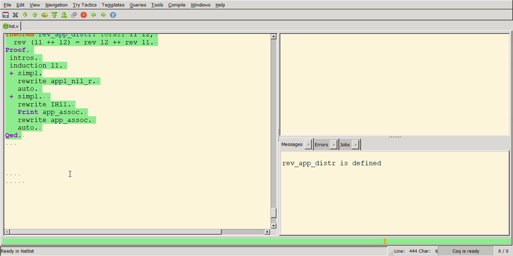Okay, so we can also prove the involutive property for the reverse. The involution property says that for any list L, if we apply the reverse twice, we will get the same list again.